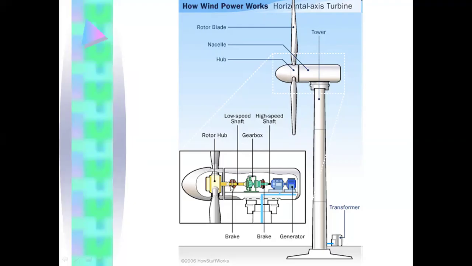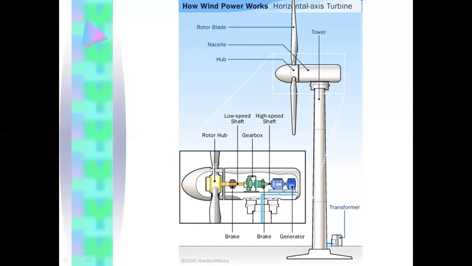Brake is also used in the windmill. Sometimes air velocity is so high that it can damage the blades. So to avoid this damage or accident, brakes are applied so that it will be stopped, and no destruction or accident will occur.